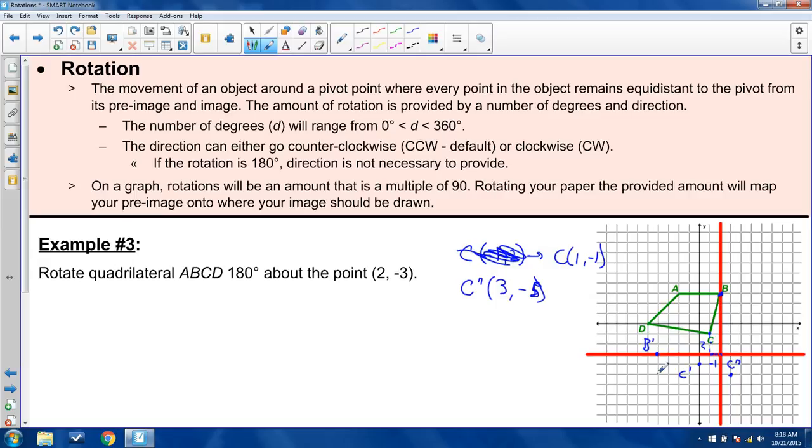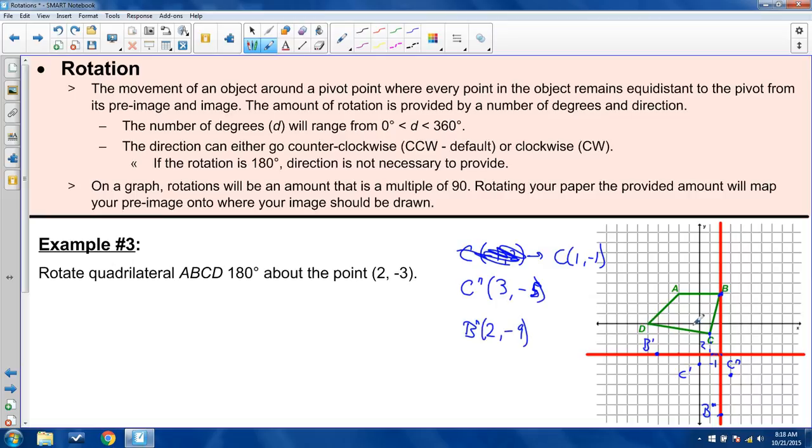If I rotate it another 90, it'll also be 6 away on the negative y-axis here. Here is B double prime. Okay? That point is 1, 2, 1, 2, 3, 4, 5, 6, 7, 8, 9. This point is at 2, -9.